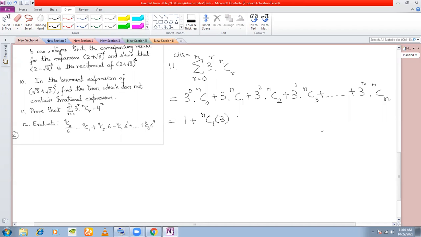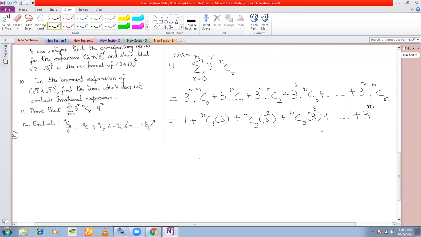Plus next you have nC2 into 3 square, next nC3 into 3 cube, and so on up till nCn into 3 to the power of n.